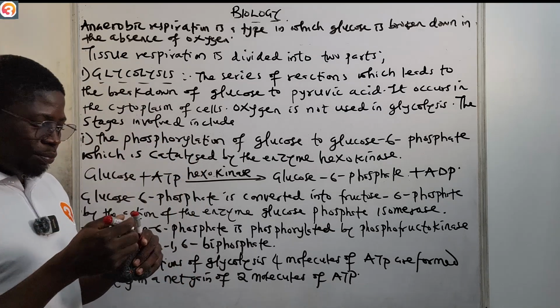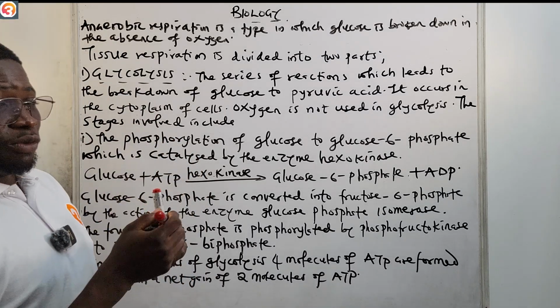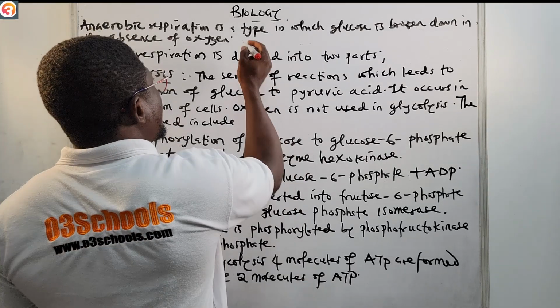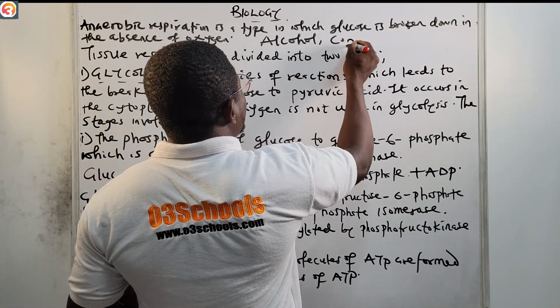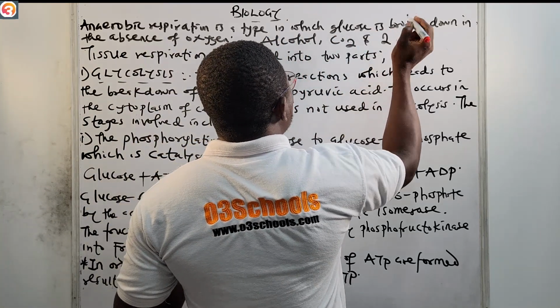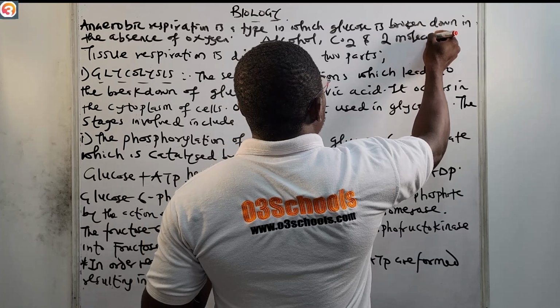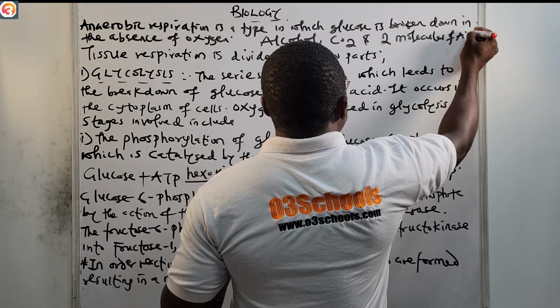And what are the products that you usually get from this? We get alcohol, we get carbon dioxide, and then we get 2 molecules of ATP.